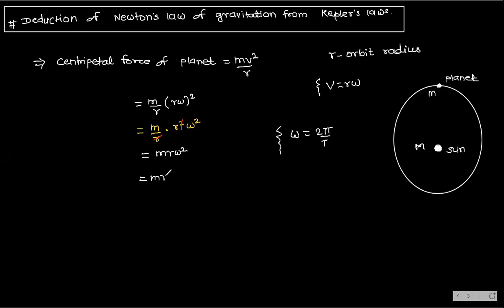So this is m r (2 pi by T) whole square, which is equal to F. So this becomes 4 pi square m r by T square, and this is F.